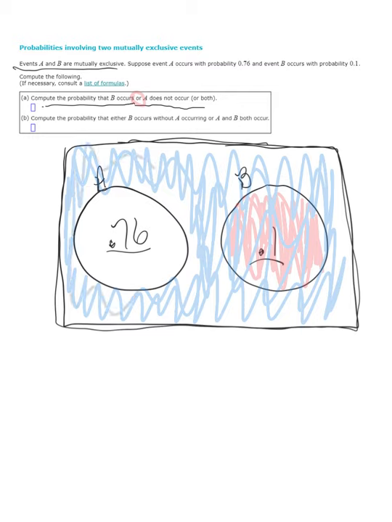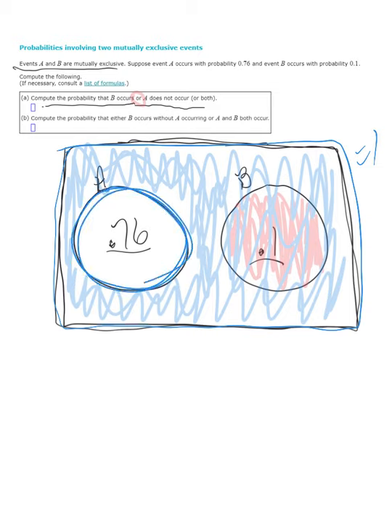All right, so I need to know, what's the probability of the stuff that I've just shaded? The way you want to think about this is this whole event space has a probability that's equal to 1. This much of it right here we know is 0.76.